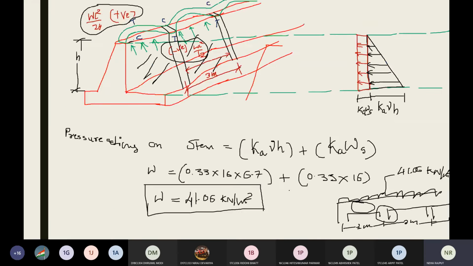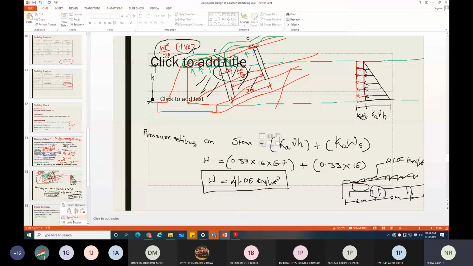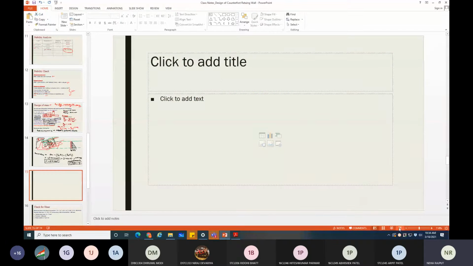Right. So if I draw the diagram for this, I'm just drawing the length view from the top. So this will be your top view, and these are all the counterfort members, and this diagram you can see from the top.